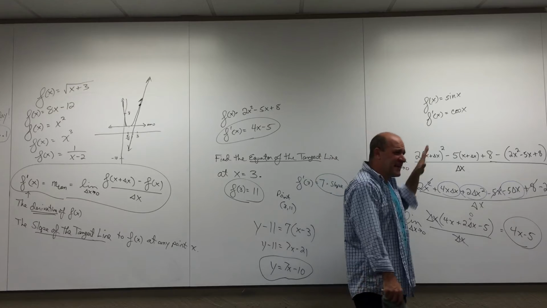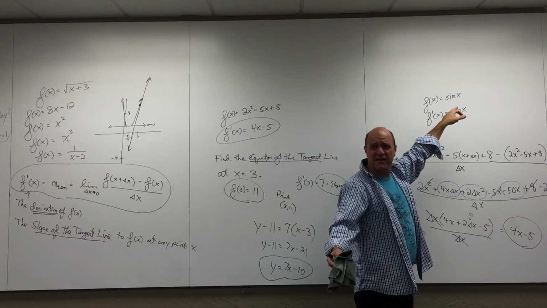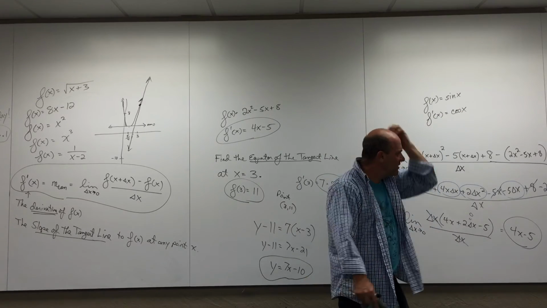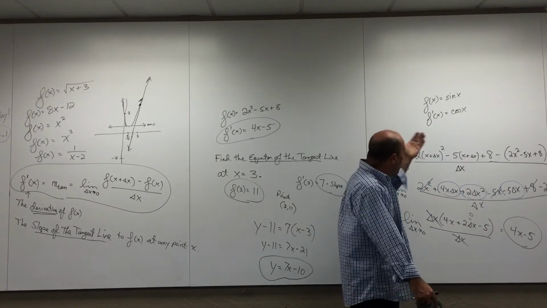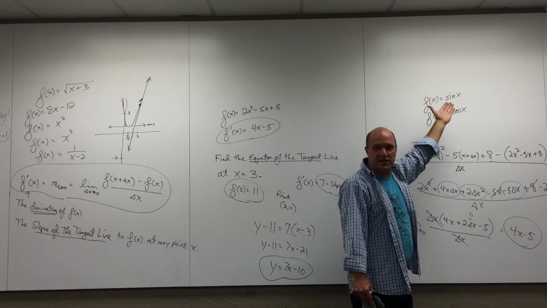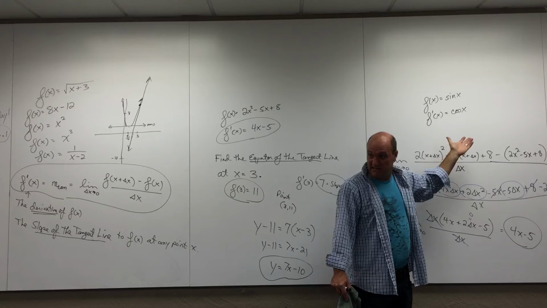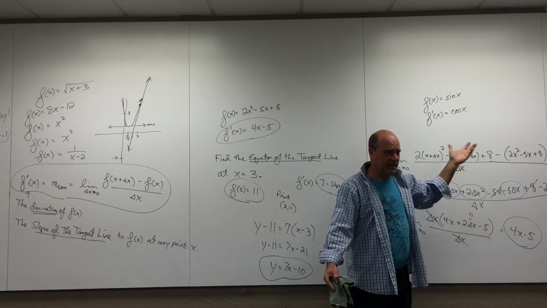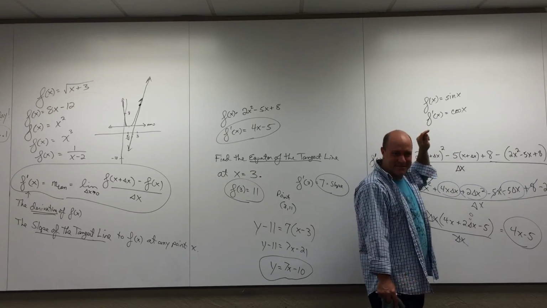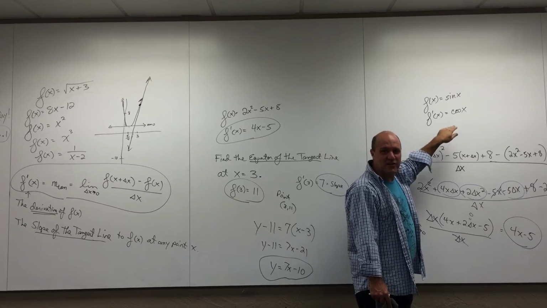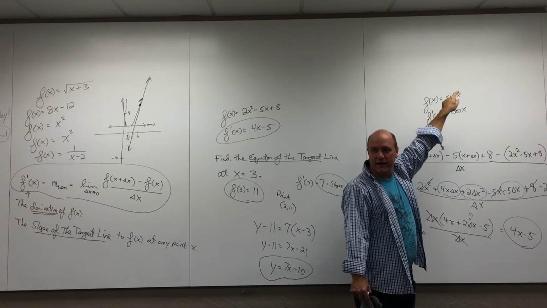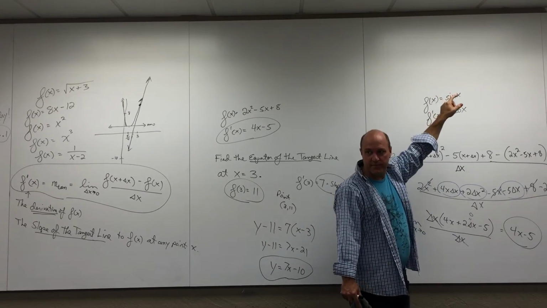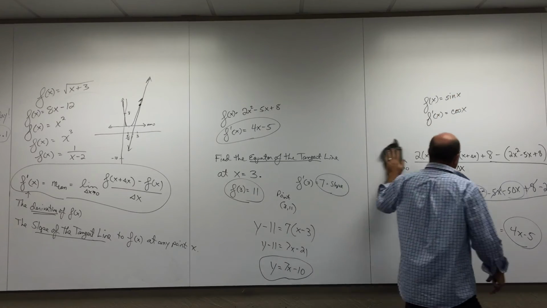The slope of the sine function is a formula. The formula for the slope of the sine function is the cosine function. It tells me the slope of that one. It's the derivative of that one.